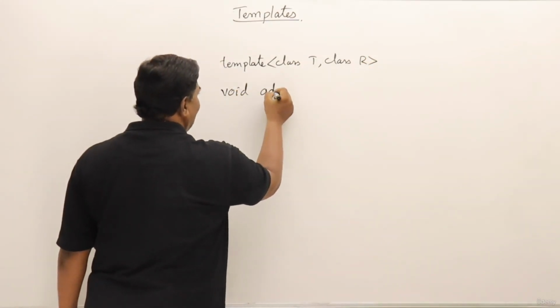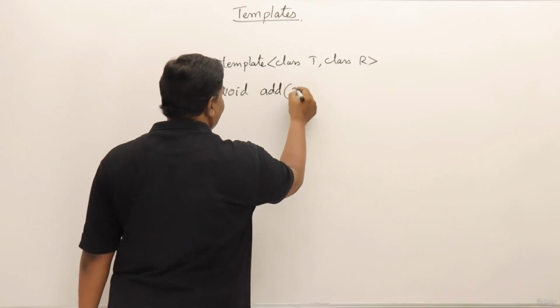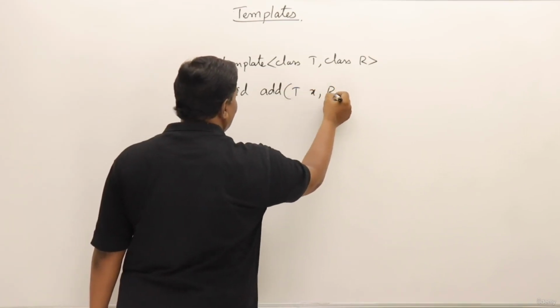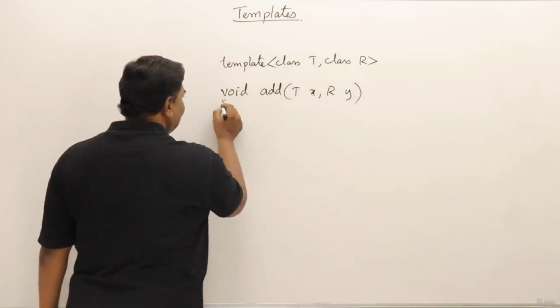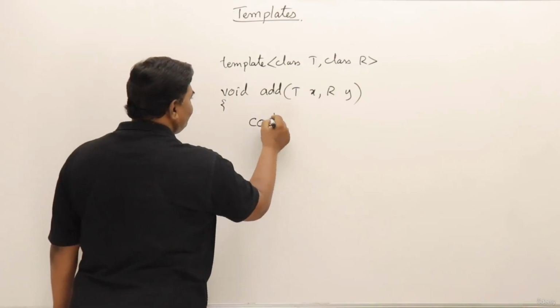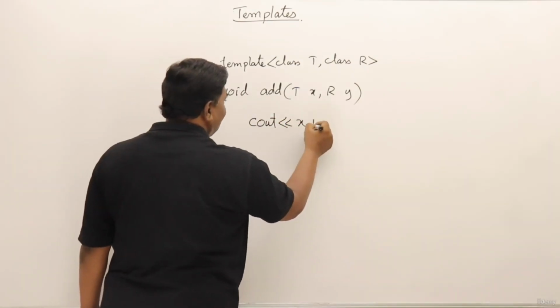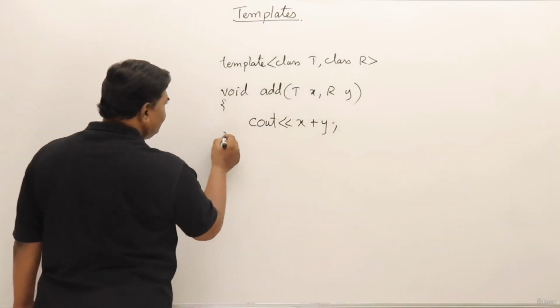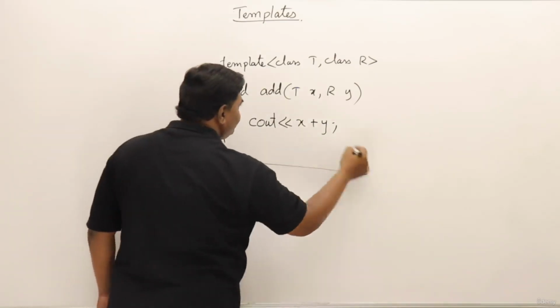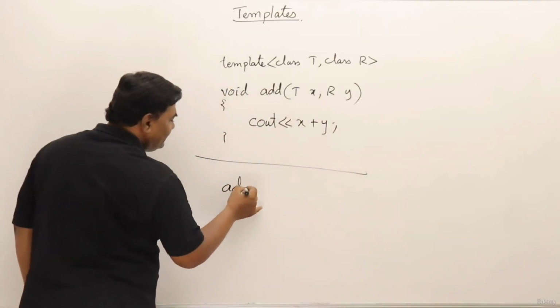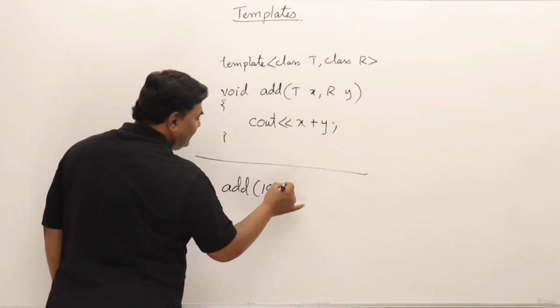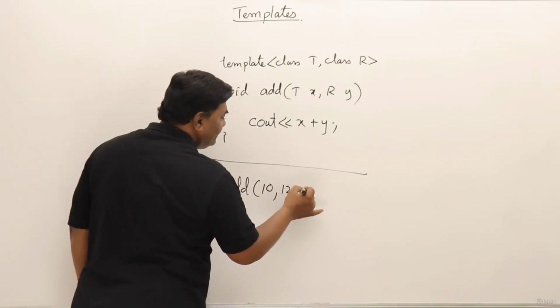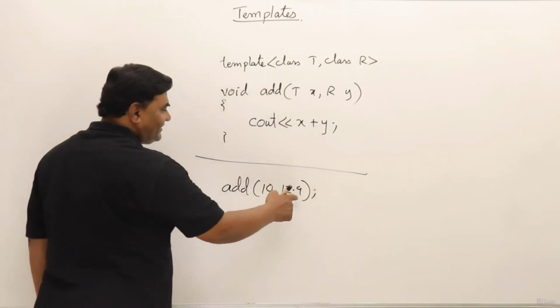Let us say add is the function name, which will take T type variable X and R type variable Y. And a simple code I am writing here which will add X and Y and display the result. That's all. Now this function I can call it by passing one value as integer and the other value as double. So one value is integer, other value is double.